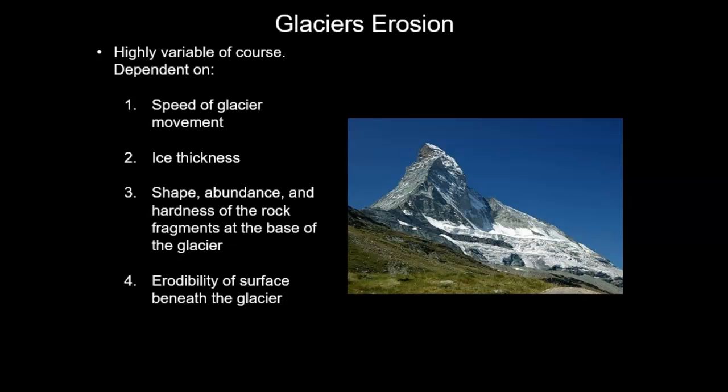So, for example, if I have a glacier that is moving faster rather than slowly, it will perhaps not erode as fast, but it will definitely carry the sediments faster. If I have a surface through which the glacier is flowing on top of that is made out of unconsolidated sediments, then the glacier is going to be better at eroding those unconsolidated sediments.